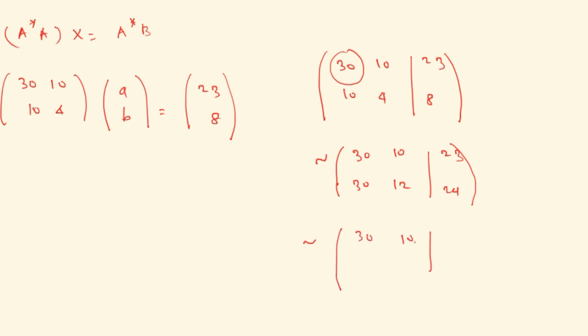Now R2 minus R1: 30 minus 30 is 0, 12 minus 10 is 2, and 24 minus 23 is 1.